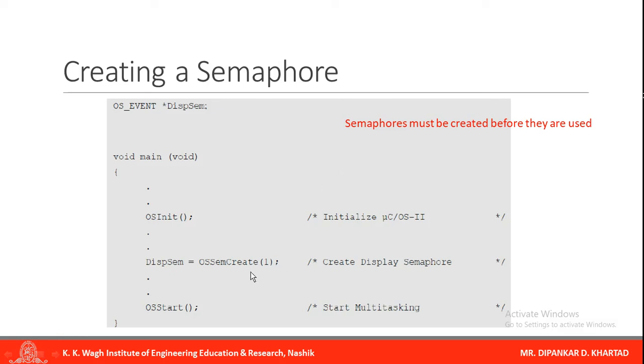So that's why we have to create the semaphore. Now we are passing OS sem create and 1, so there is one shared resource. It will return the value and that will be stored in this, so it is an event pointer.